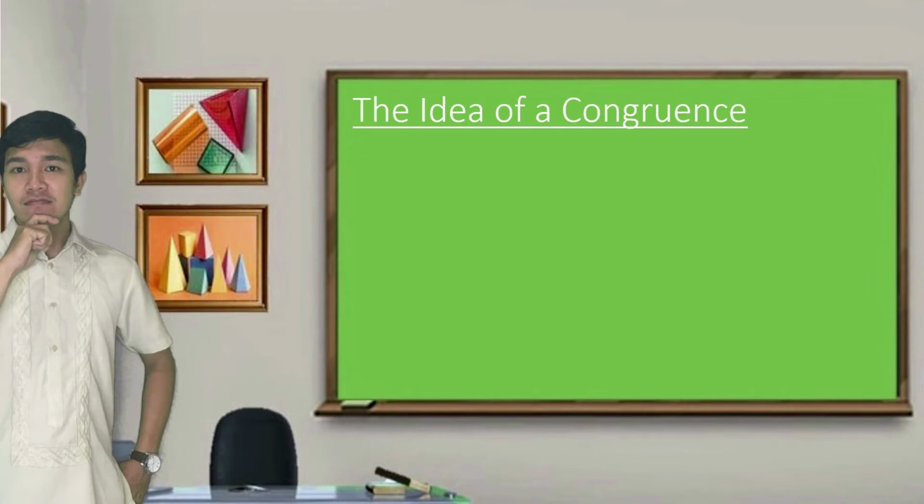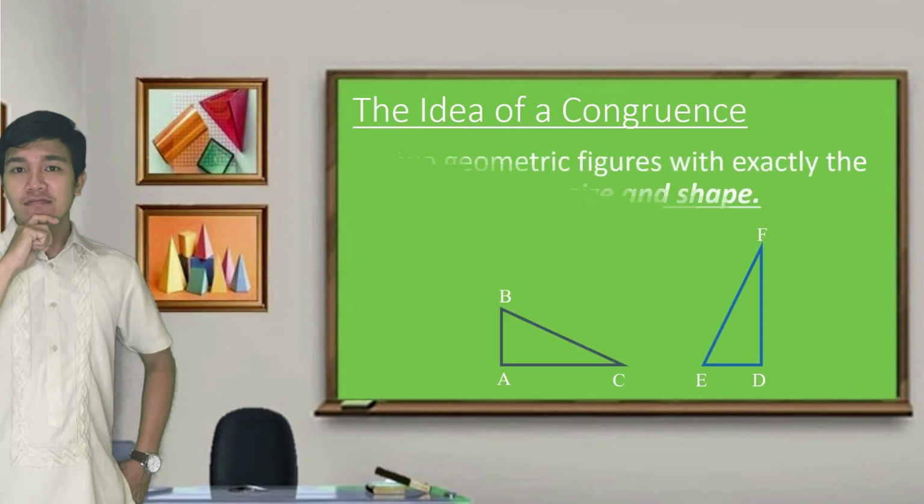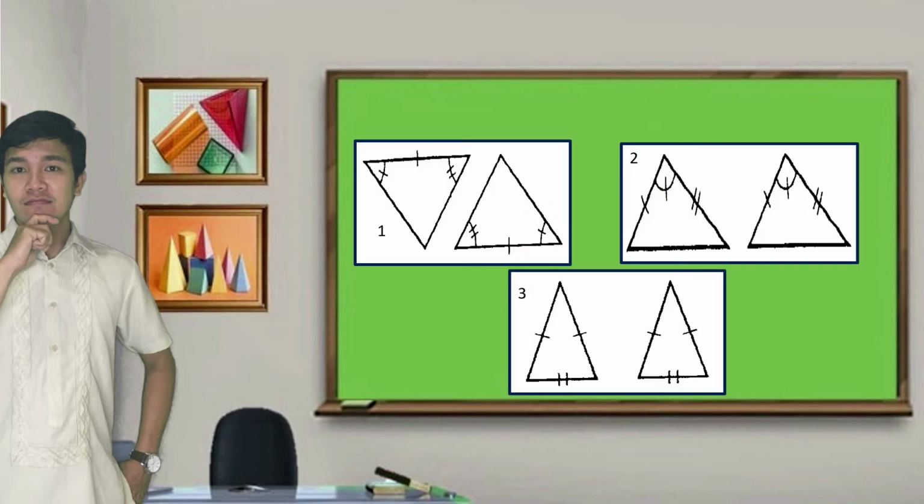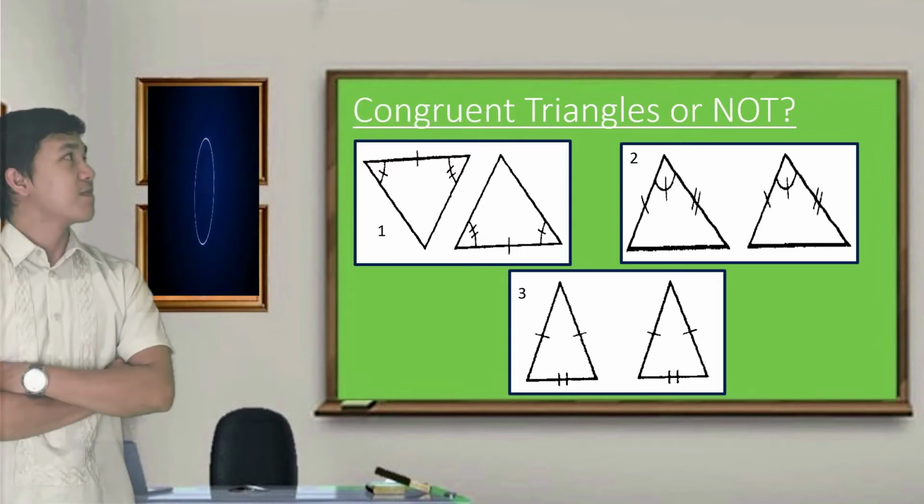The idea of congruence: two geometric figures with exactly the same size and shape. For the three figures 1, 2, and 3, let's find out if they are congruent triangles or not.